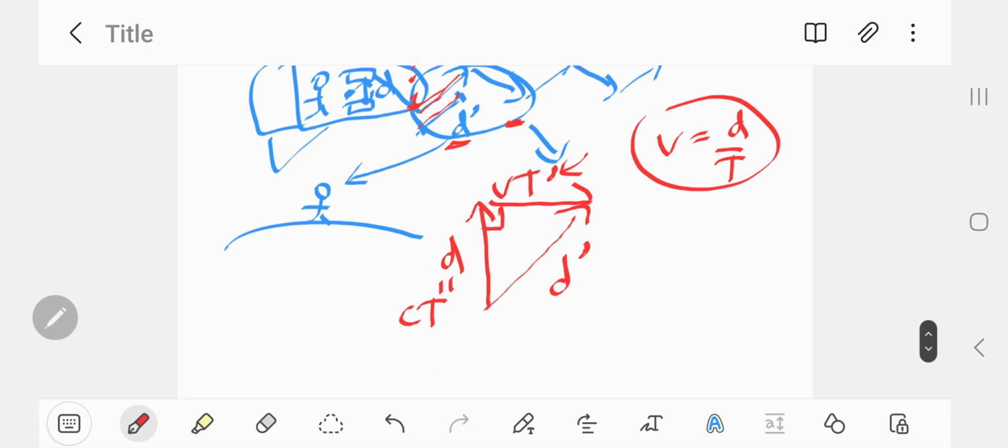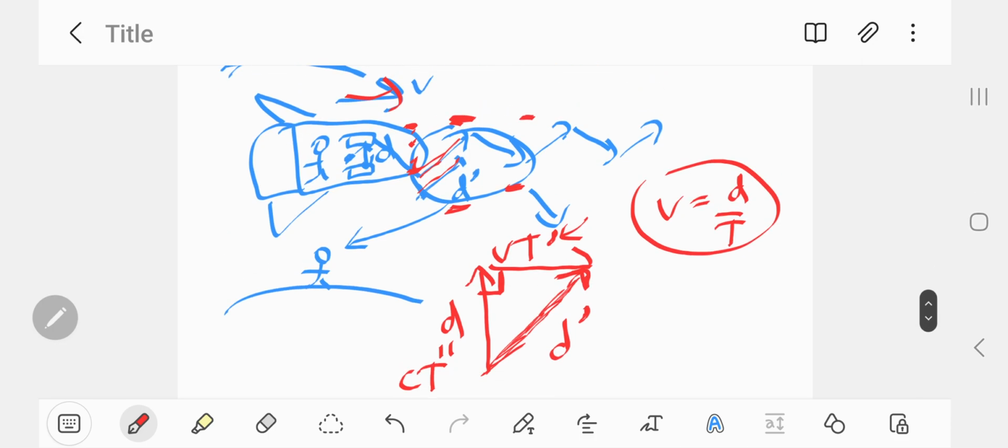So that's a right angle triangle here. And D dash, D prime, is the light path observed by the person on the planet. The person on the spaceship is seeing D.